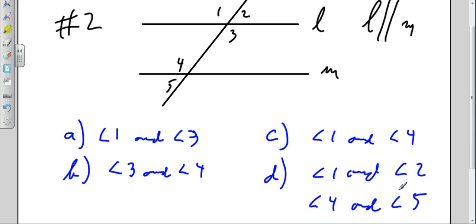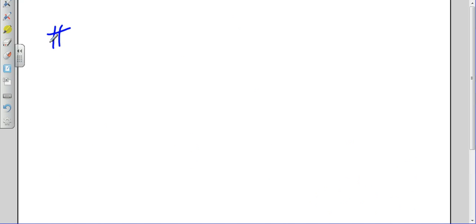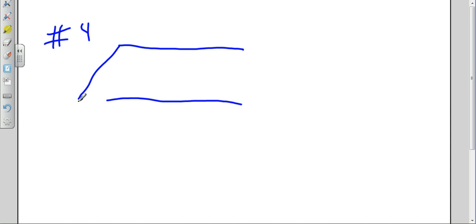Okay, now we're going to look at number 4. And we want to know the area and the perimeter. And what we have is a parallelogram. If I can draw a parallelogram.